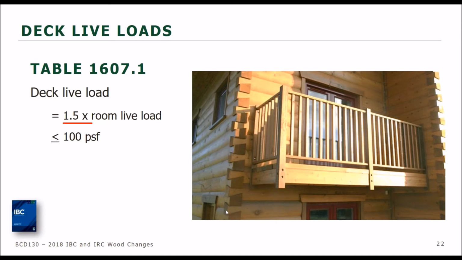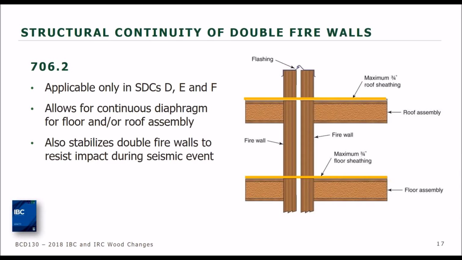Next one, Michelle's up on slide 17, just a couple slides earlier, where we talked about the structural continuity between firewalls, and folks were wondering about SDC A through C. Is it applicable there? And follow-up question, why the max requirement for panel thickness?